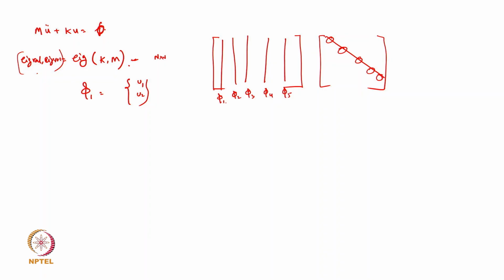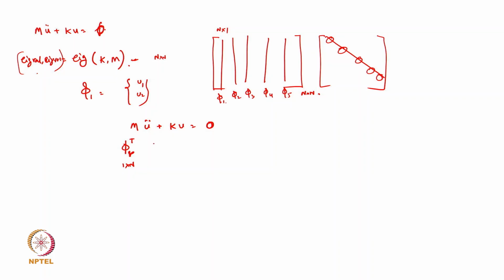Now the interesting thing is that we have the matrix equation M u double dot plus K u equal to 0. If I pre-multiply with phi r transpose, here if you see, this is n cross n, so if I take one column, that will be n cross 1. That transpose means 1 cross n.